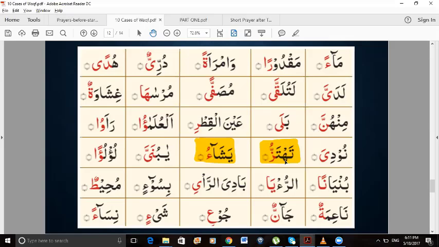Now, if you were to apply the rule of waqf over here, how would you read this? Excellent. Well done. So this dhamma over here will turn into a sukoon.